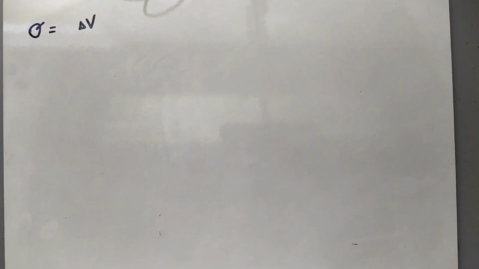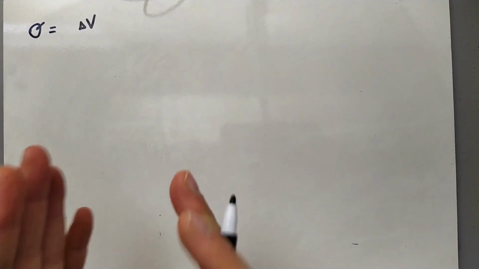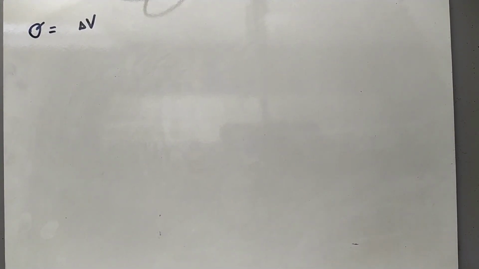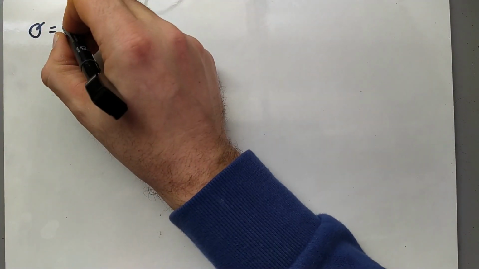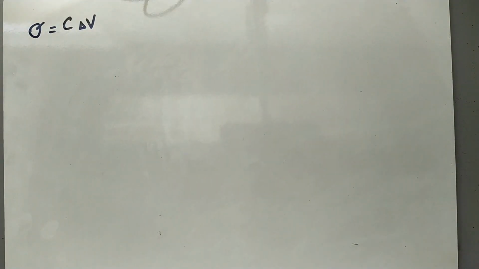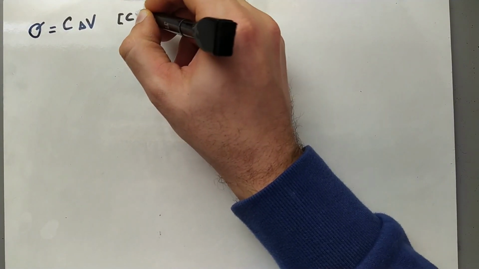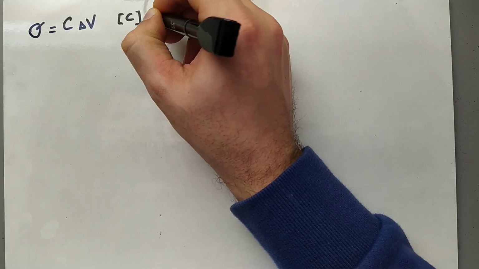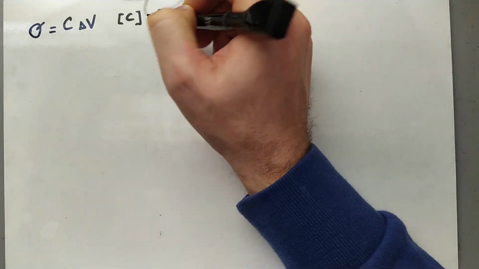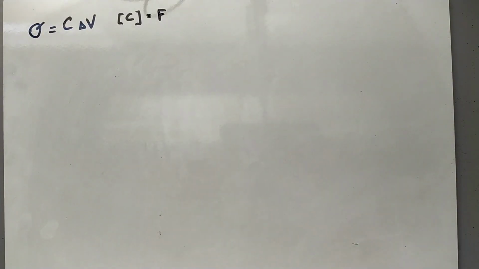It can be of different configuration. The most common is the parallel plate capacitor, when we have two parallel plates as conductors. And here we need to multiply it by some proportionality coefficient, which is electrical capacitance. So units for capacitance are farads, and that's quite a large magnitude.